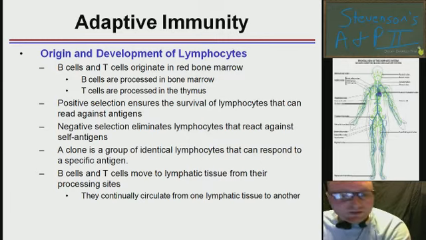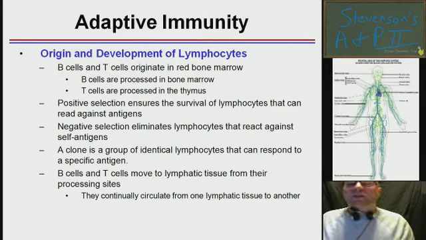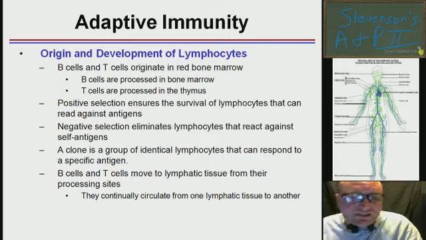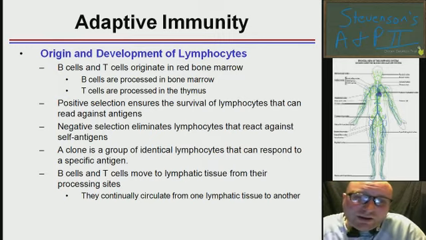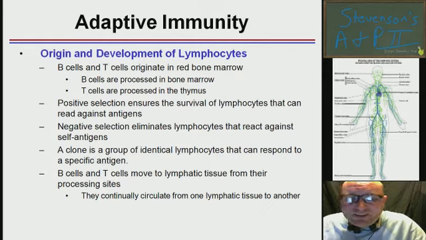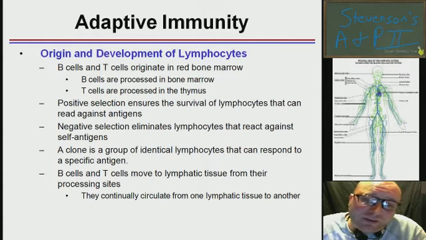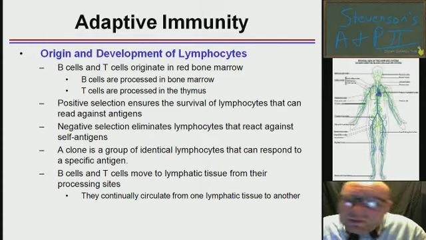Origin and development of lymphocytes. We've talked about this a little bit before. B cells and T cells both originate in the red bone marrow. They're both produced there. But the B cells are processed or mature in the bone marrow, whereas the T cells are processed or mature in the thymus gland. So the T cells basically take the name of the thymus and they're called T cells. The bone marrow provides the name for the B cells.